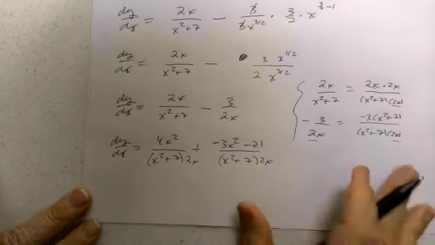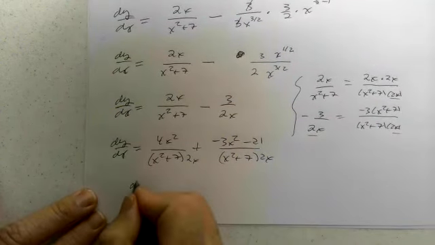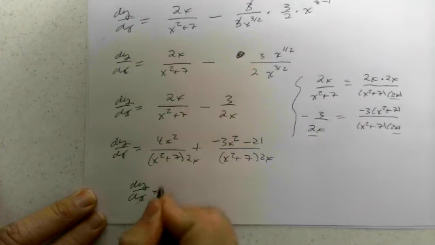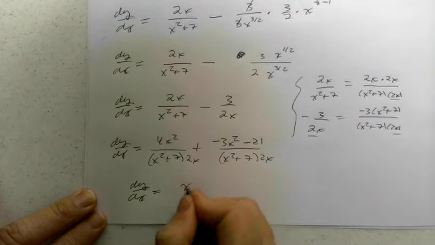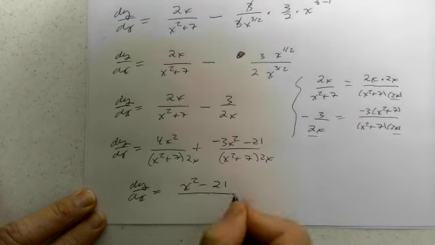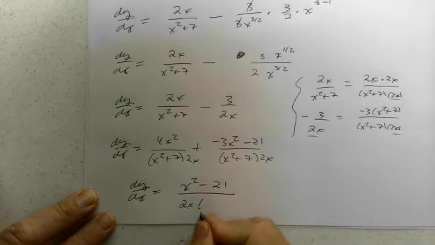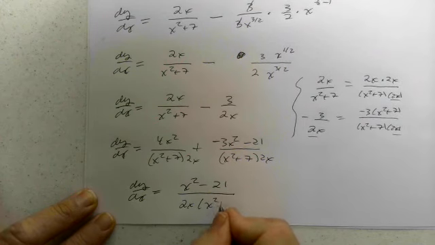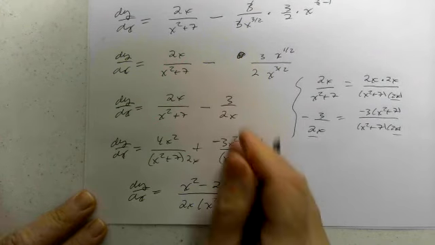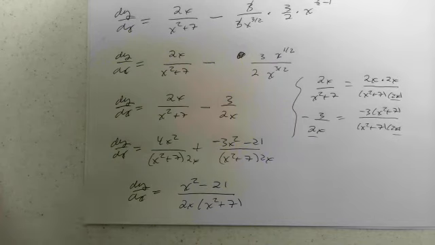So what does that give me? Now we have dy dx. 4x squared minus 3x squared is just x squared minus 21 over 2x times x squared plus 7. Although to be perfectly honest, I was happy with that one up there.